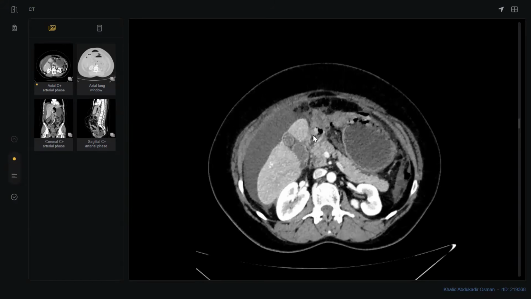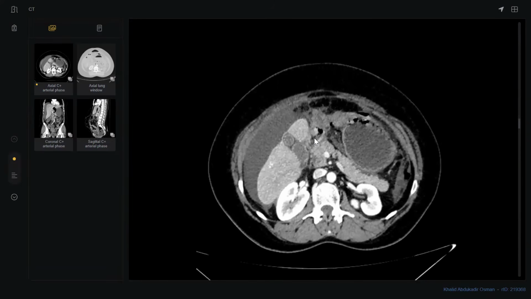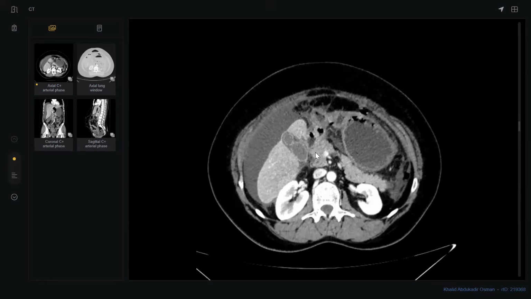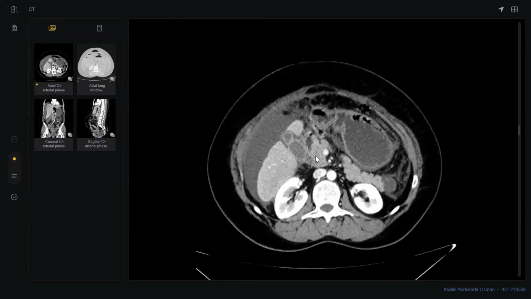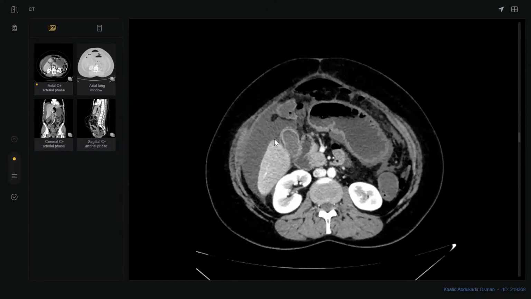And I'm suspecting also another one seen here at this site, at the sides of the pylorus. So all of these findings are keeping with a perforated, likely peptic, ulcer with a pneumoperitoneum and free fluid.